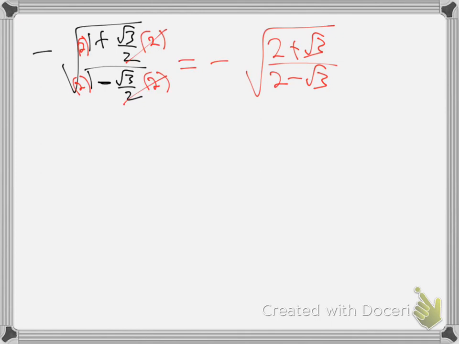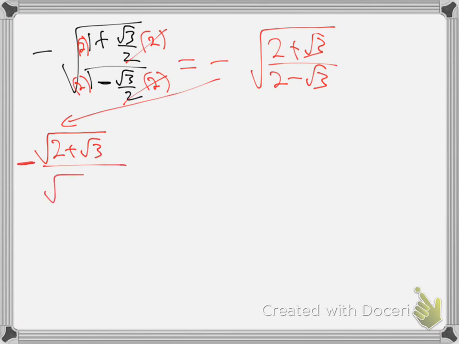In fact, what does a root over a whole fraction mean? I'll come down to the next line. It means the root is on the top and the root is on the bottom. See that?